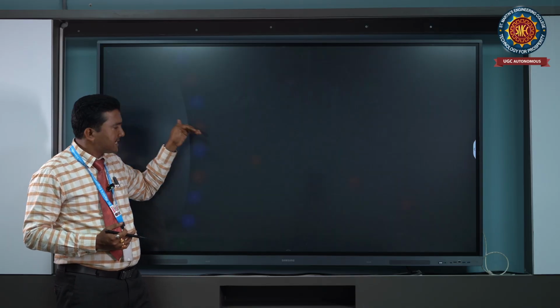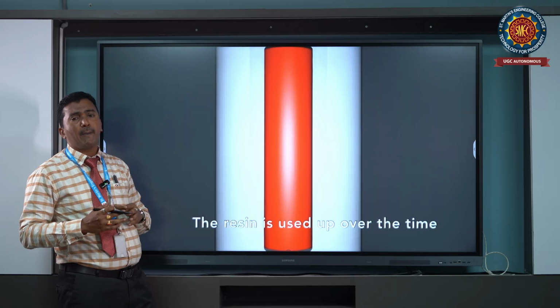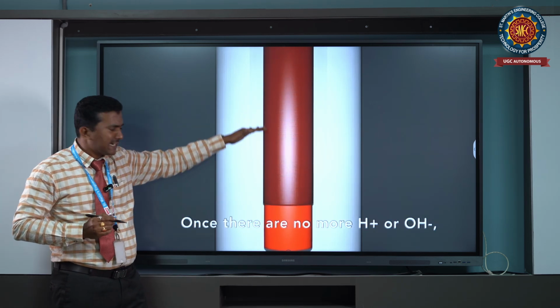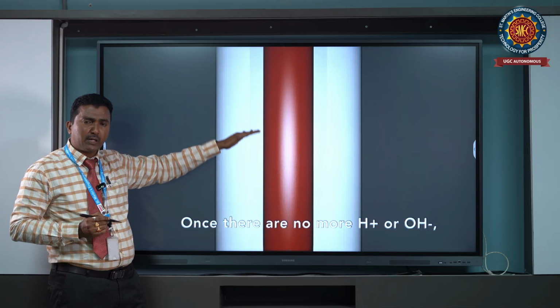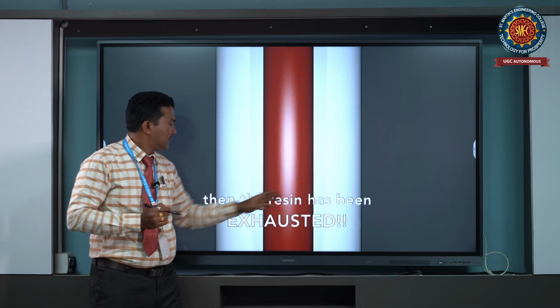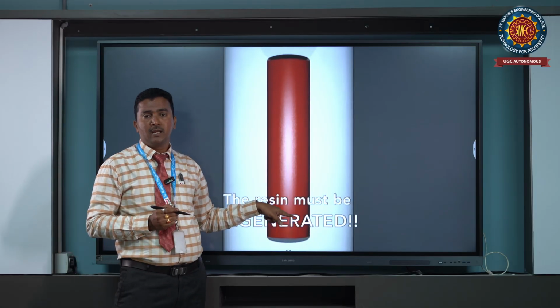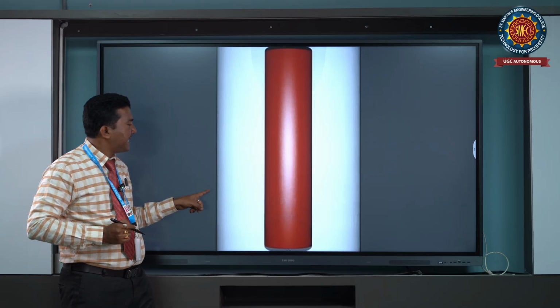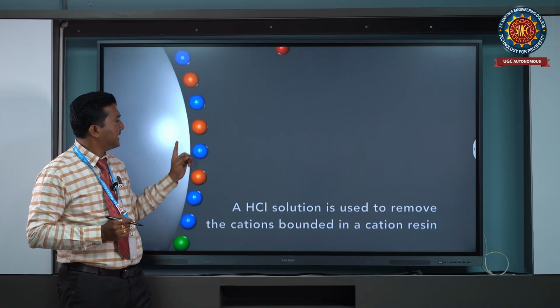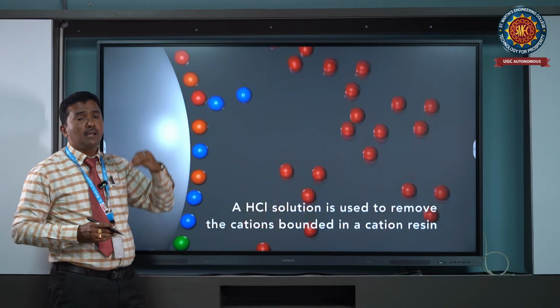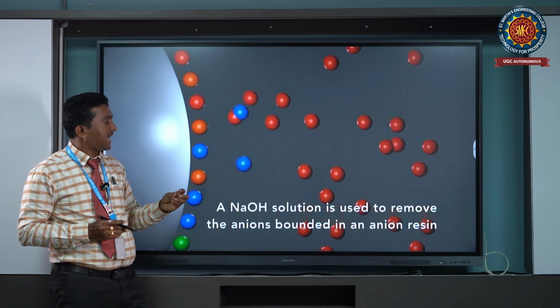In the anion exchange reagent and cation exchange reagent, what happened? The continuous process goes on and the reagents are deactivated, because of the overloading of H plus and OH minus ions. So this is exhausted. But how do we activate it? How do we regenerate it? We regenerate it by adding HCl. The HCl solution is added to remove the previously bound calcium and magnesium ions.